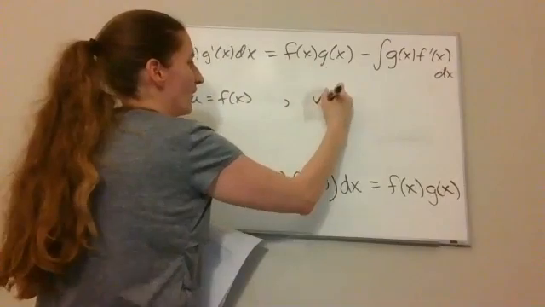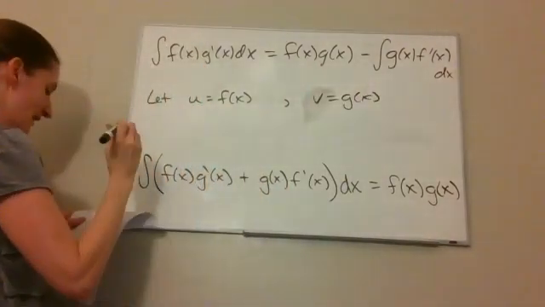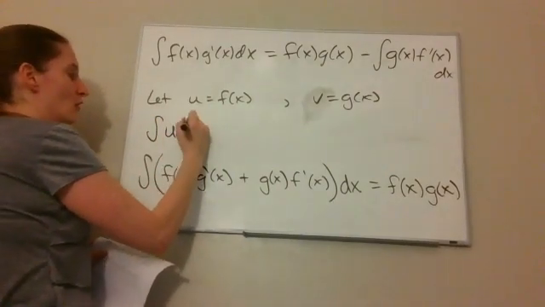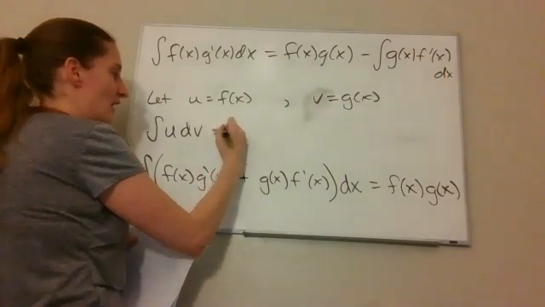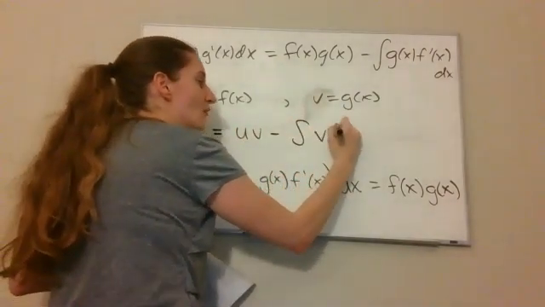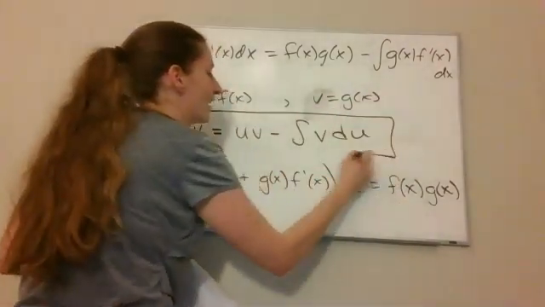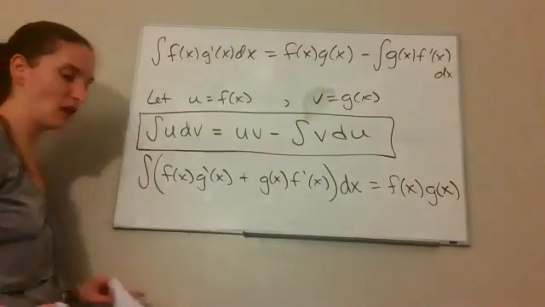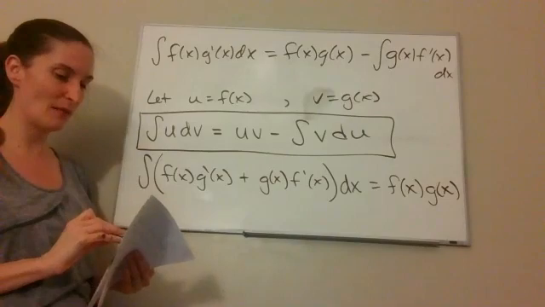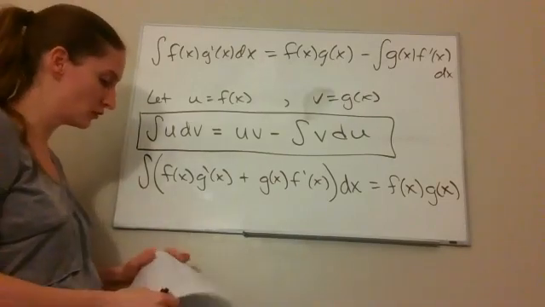So u is f of x, v is g of x. Then we can rewrite this as the integral of u dv equals uv minus the integral of v du. And this formula right here is what's called the integration by parts formula, and that's the way most people tend to memorize it. I just wanted to show you that it does indeed come from our product rule.